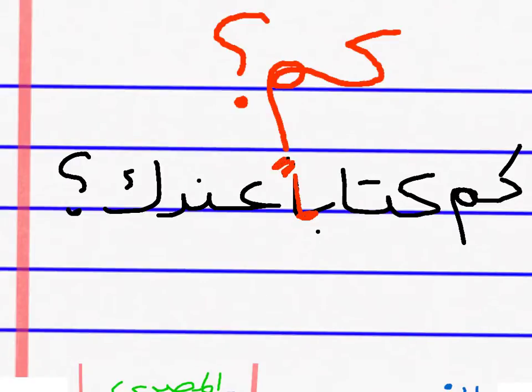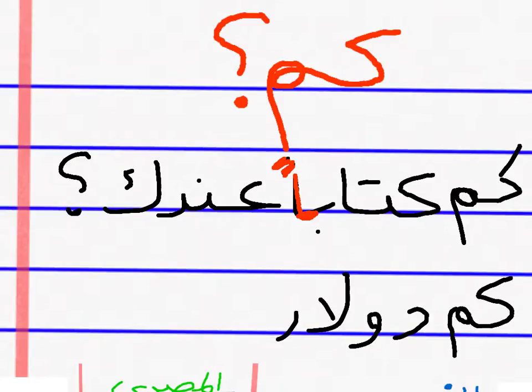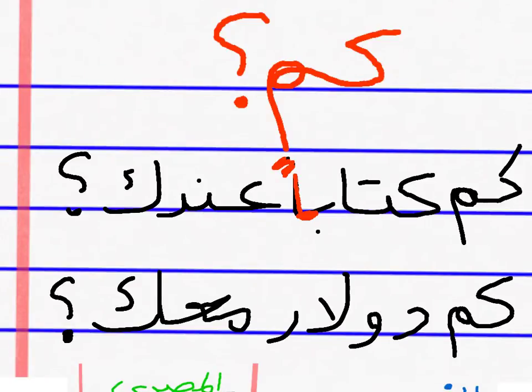If I want to ask in Amiyya, I would say كم, for example, كم دولار معك. How many dollars, how much money do you have? Notice how dollar is singular after كم.